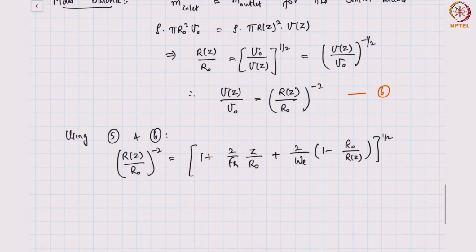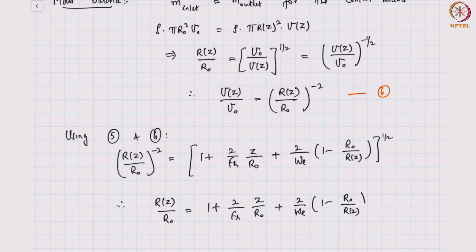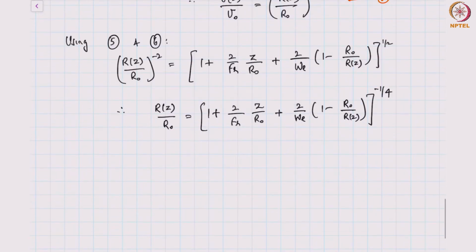And therefore I now have a simple expression for r of z. Well, we'll just see that it's not so simple. R of z by r naught will be 1 plus 2 by Froude number z by r naught, 2 by Weber number 1 minus r naught by r of z, whole power minus 1 by 4.